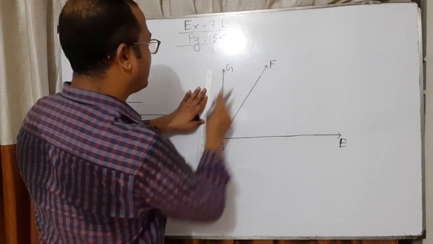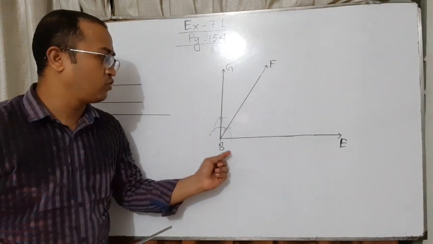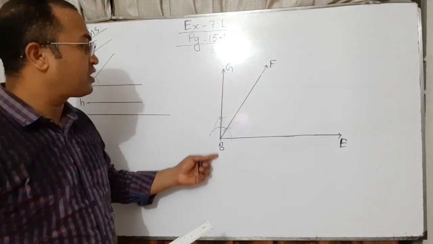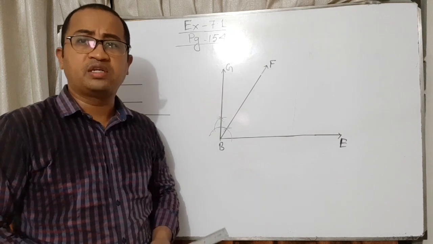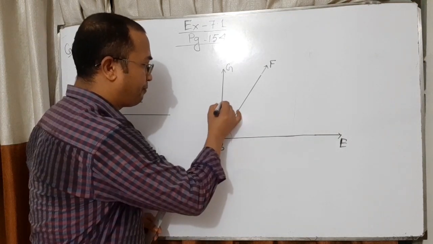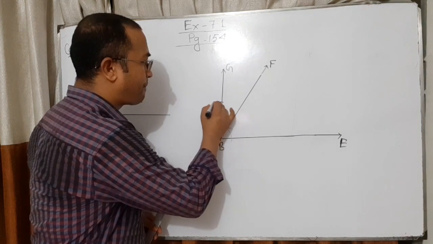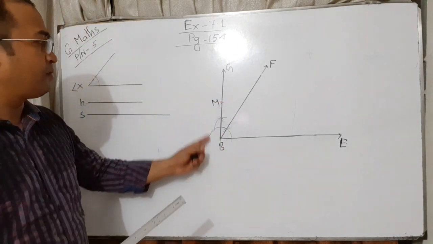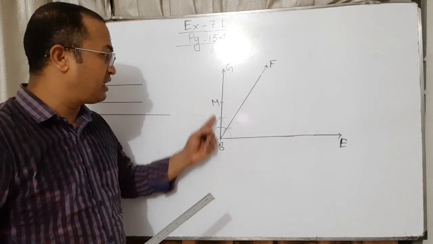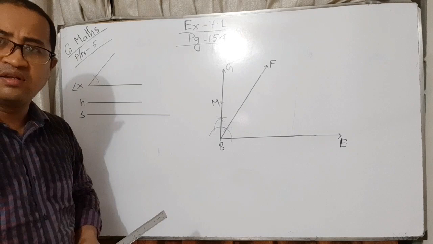So this is BG. BG is perpendicular at the point B on the line BE. Now from the ray BG, we take BM. We take BM equal to H, that is height.